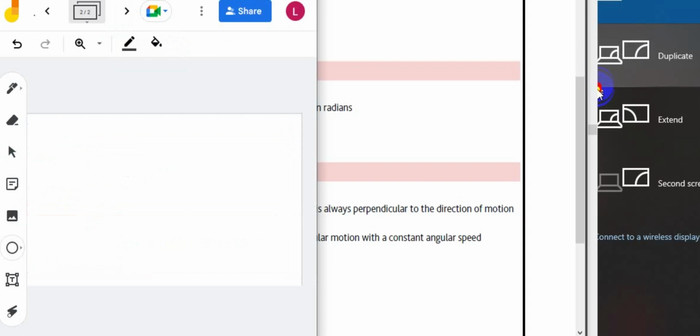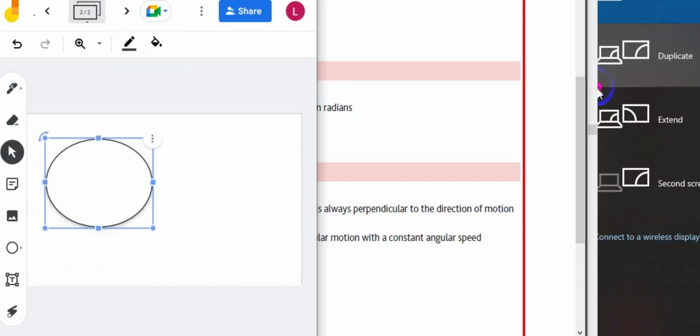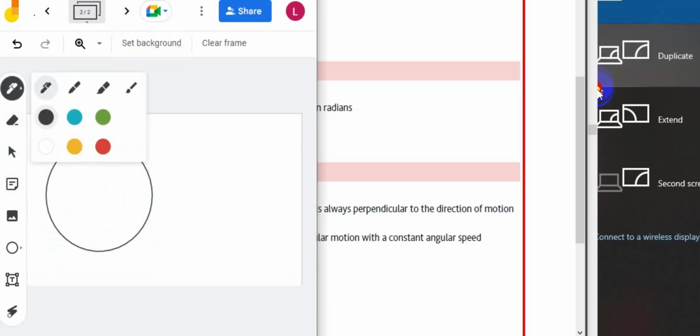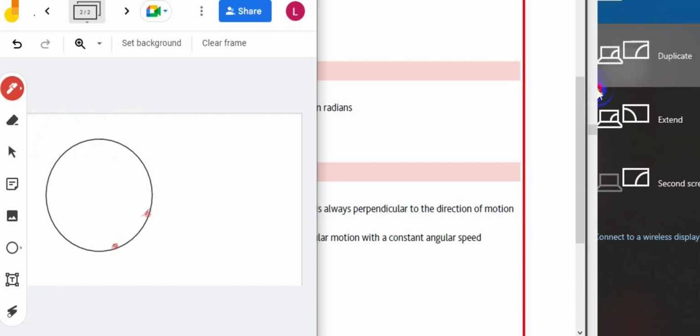Just like we have linear displacement, you can also have angular displacement. For instance, if you have a circle of this nature and a particle or an object starts from here and moves to here, let me call here P1 and call here P2.